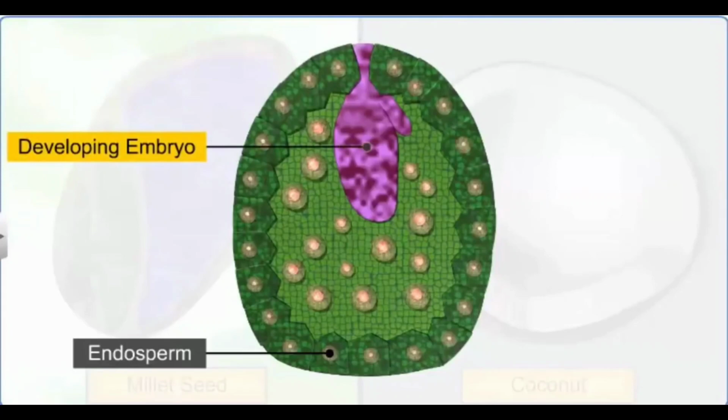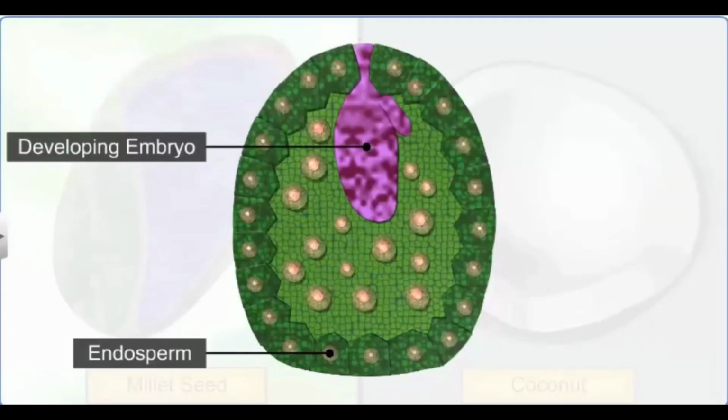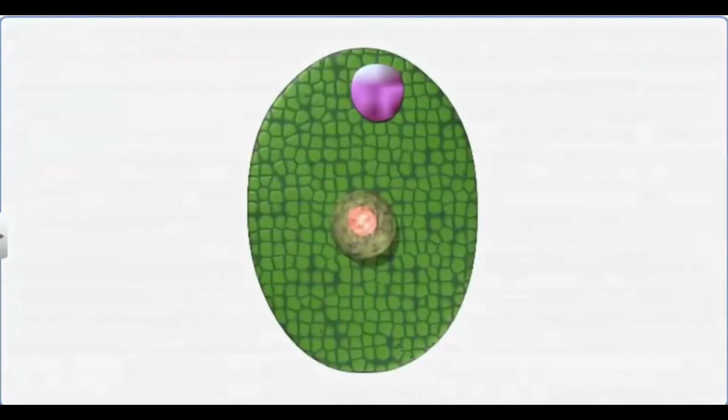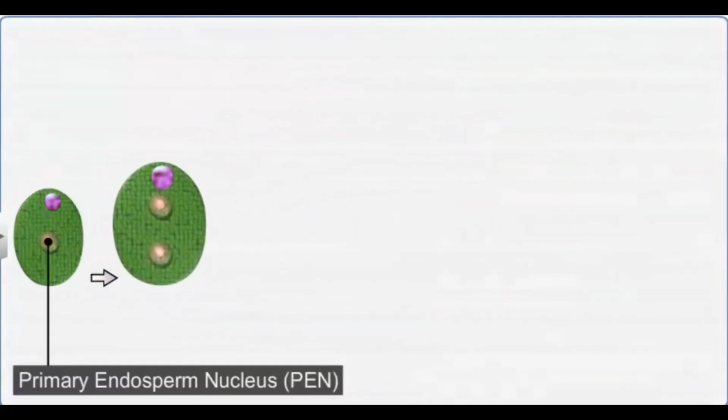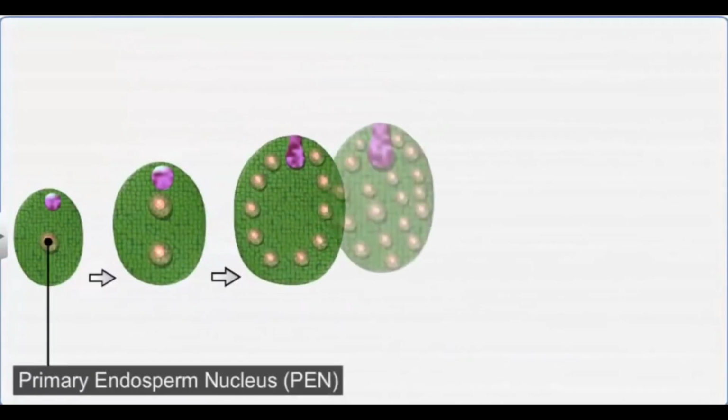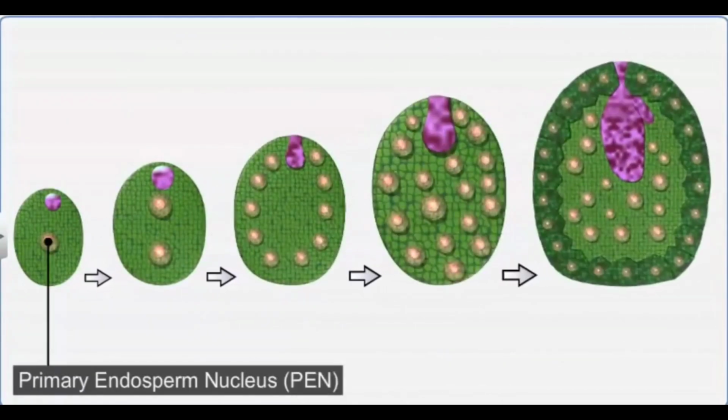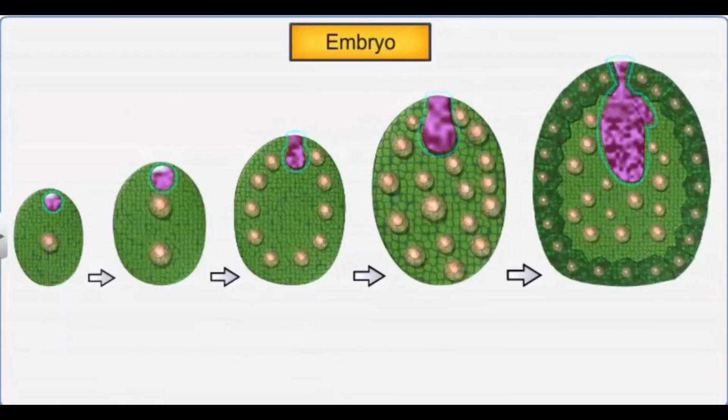It is interesting to note that the endosperm also forms a major source of nutrition for human beings. Incidentally, the development of the embryo, also known as embryogeny, occurs only after a certain amount of the endosperm has developed.